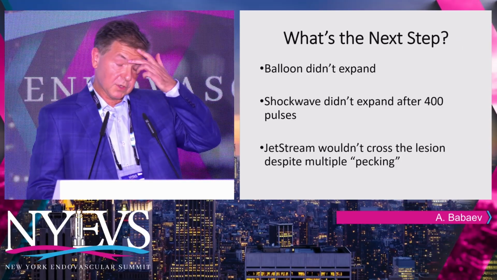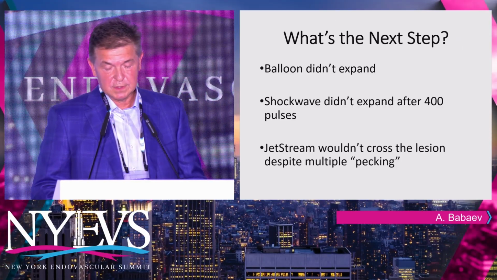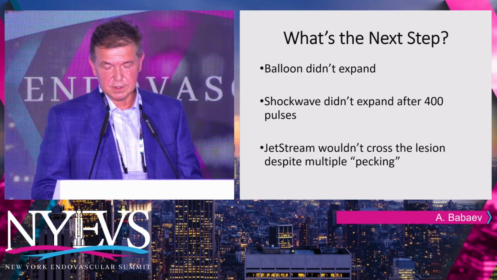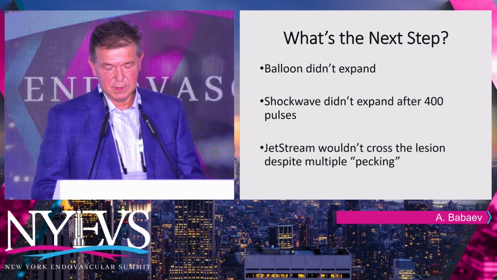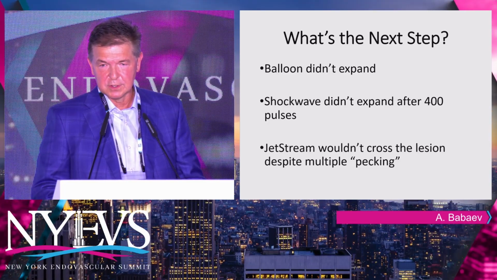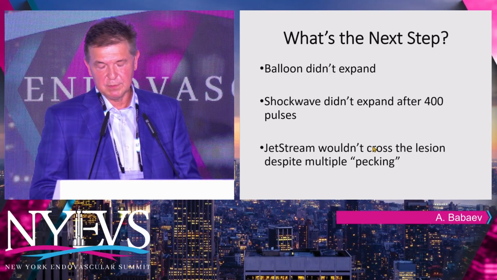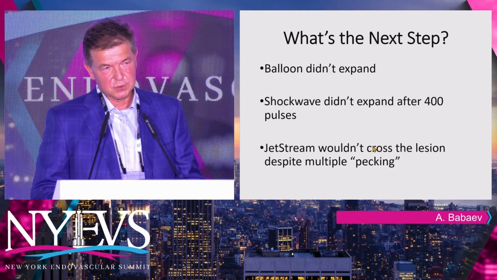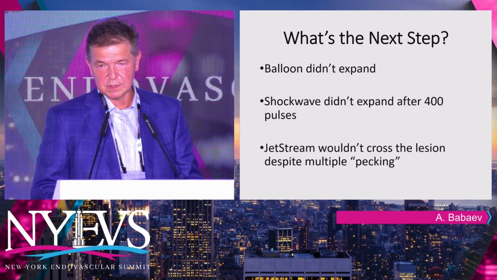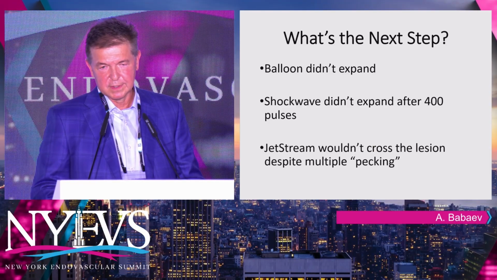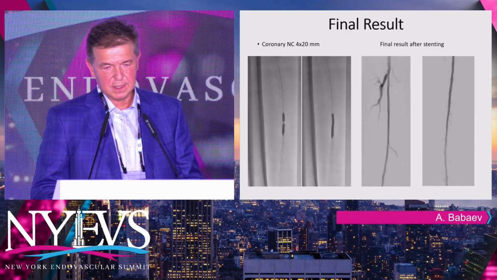We had done plaque modification techniques already. We just tried a simple balloon. We did Shockwave. We tried to cross with the JetStream. Nothing worked. We thought that maybe we had modified it enough to get a coronary non-compliant balloon through and just crank it up to very high atmospheres.